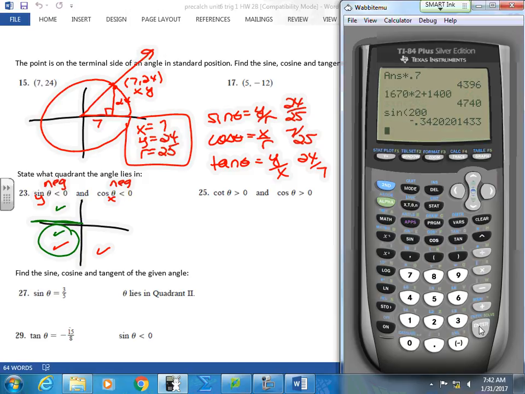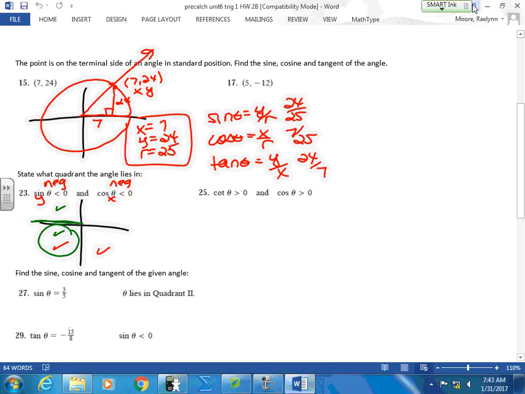Is that negative? Mm-hmm. Give me the cosine of 200. Is that negative? Yep, that's negative. So is that good?